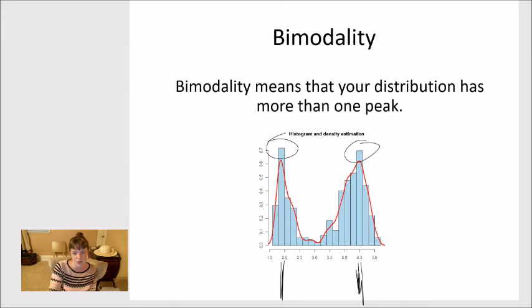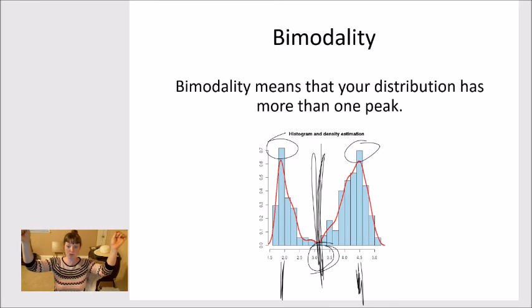The left and right-hand sides of this graph are roughly symmetrical. And so once again, to find the mean and the median, I would draw a line down the middle and go, looks like the average and the median are both somewhere between 3 and 3.5. Because on any symmetrical graph, the mean and the median will be roughly in the center. And then in a bimodal distribution, you have two modes.